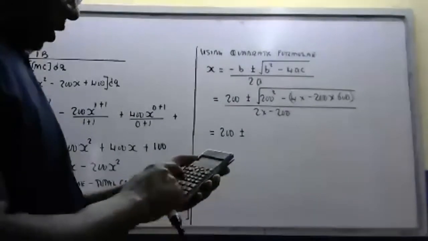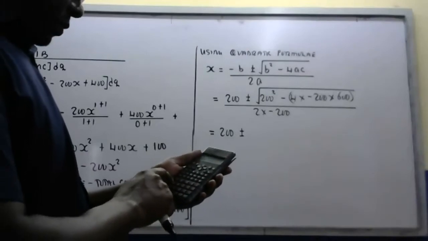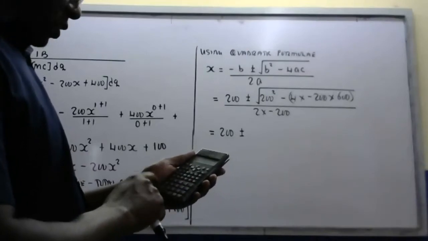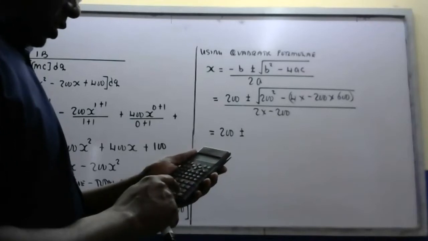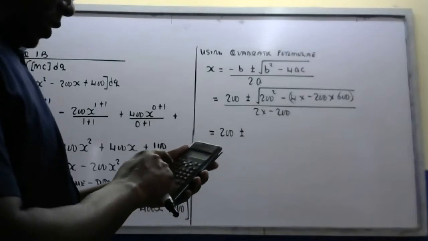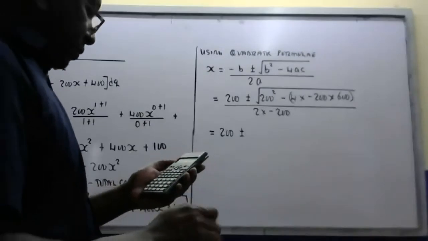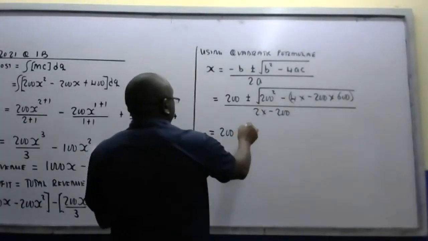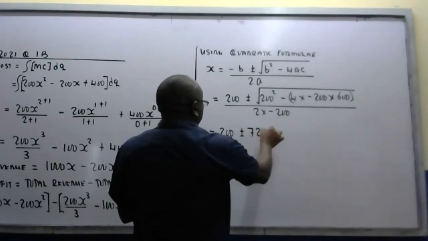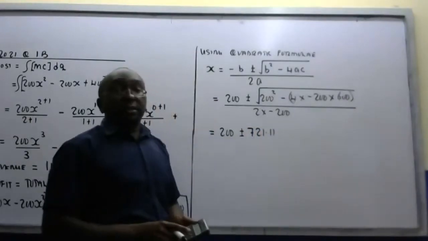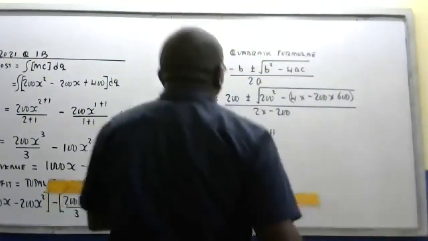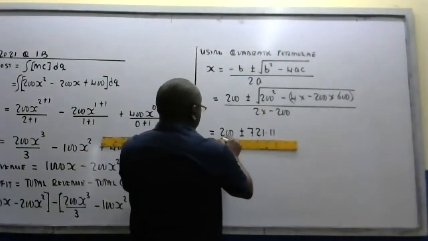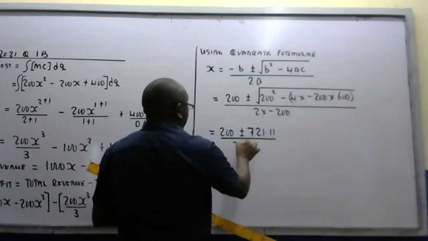Get the square root of that, and the answer is 721.11. Now this one, you divide by minus 400.